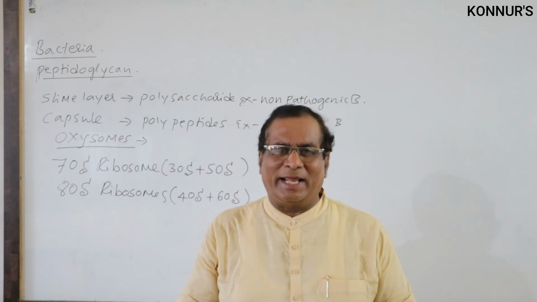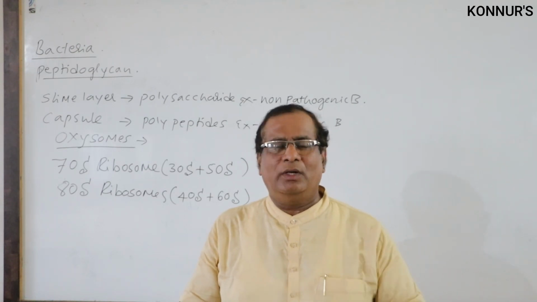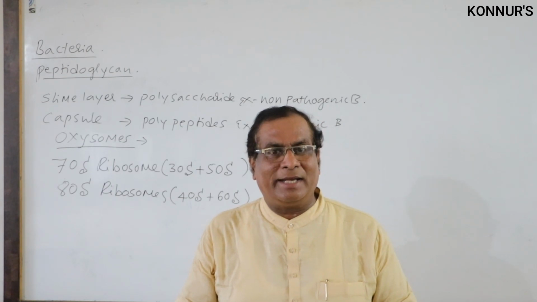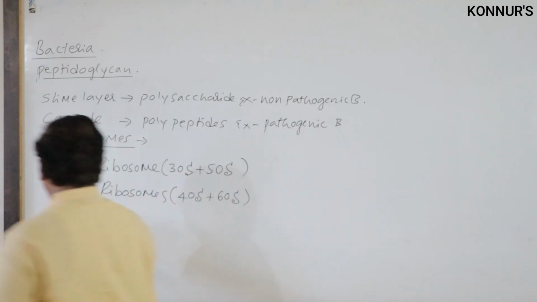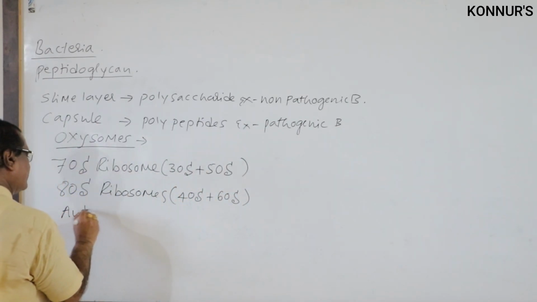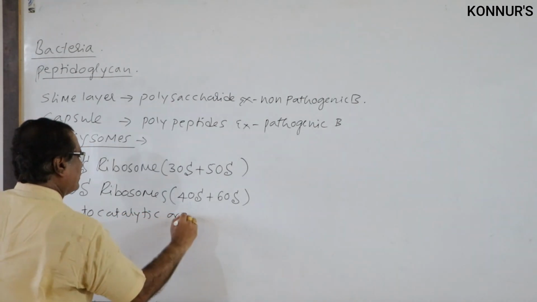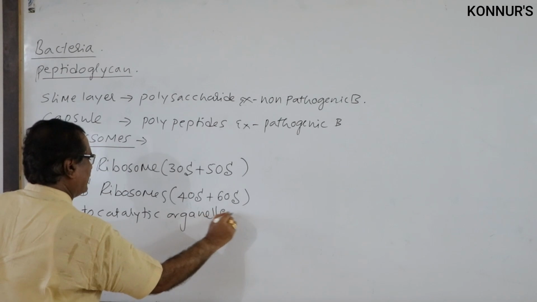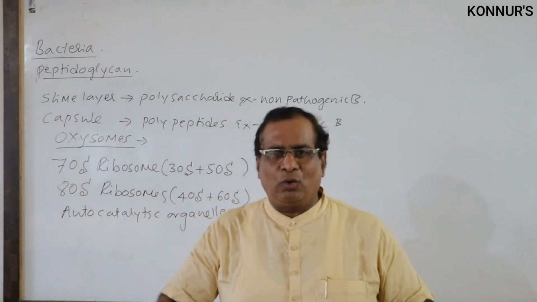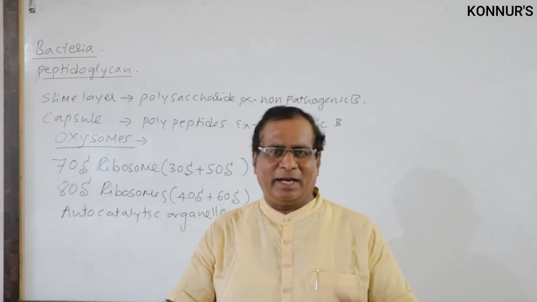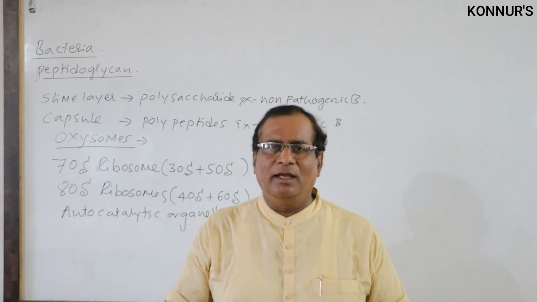Among all the organelles present in a eukaryotic cell, there are two autocatalytic organelles. Even they make a question on this: which of the following is an autocatalytic organelle? There are two: one is chloroplast, the other is mitochondria.